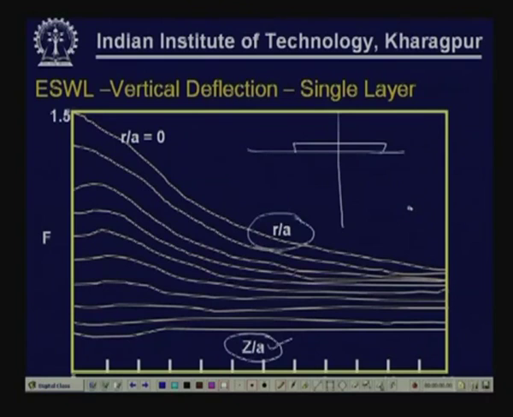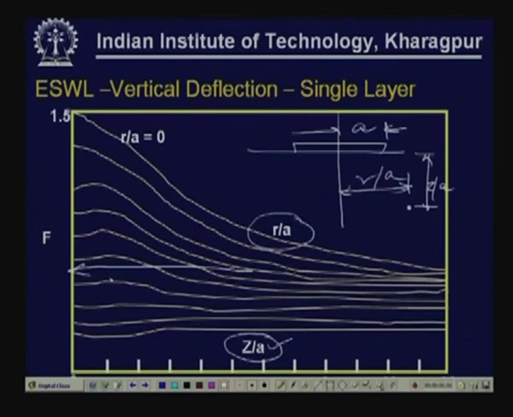If this is the location at which you are trying to calculate the deflection, we are referring to this radial distance and this depth, expressed as r by a and z by a. So, if we know the location, we know r and z, expressed as r by a and z by a, then for a given z by a and r by a, we can get the corresponding F value.